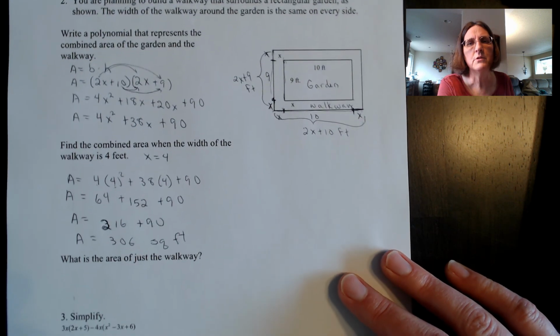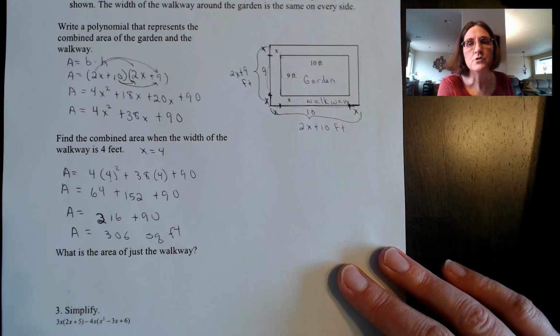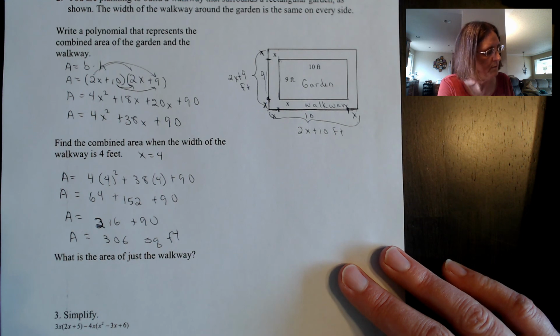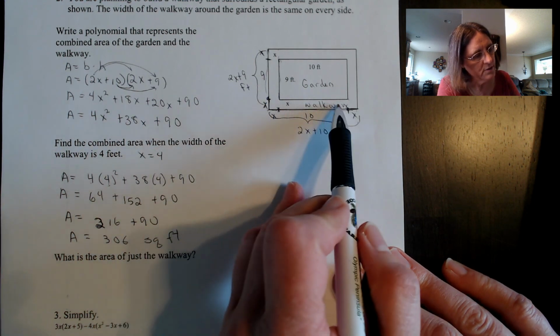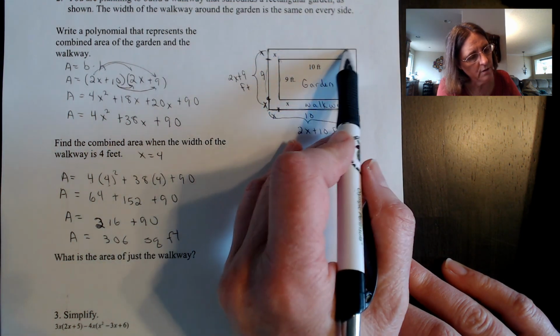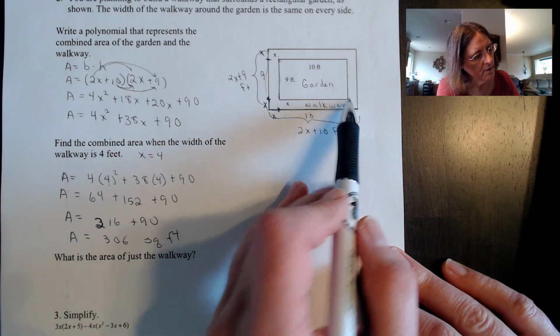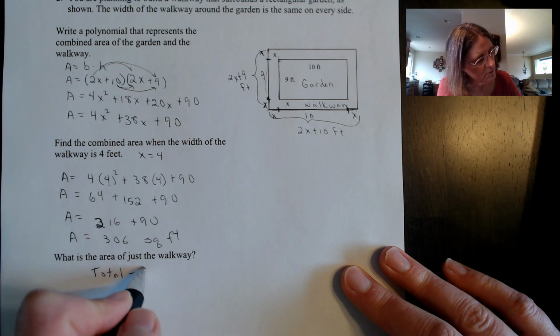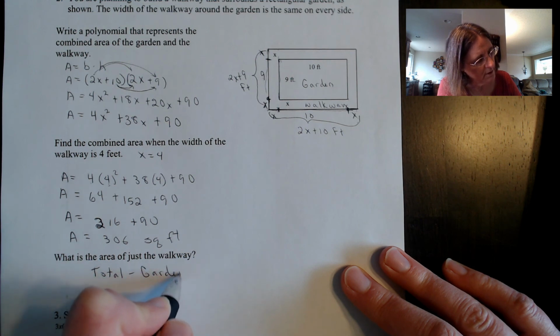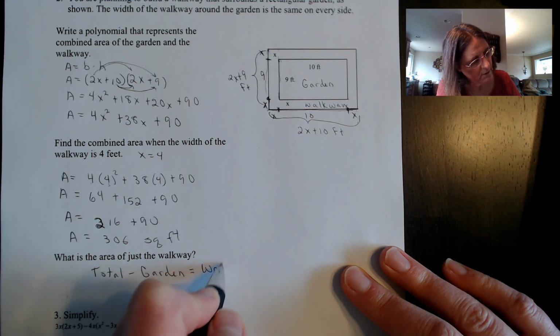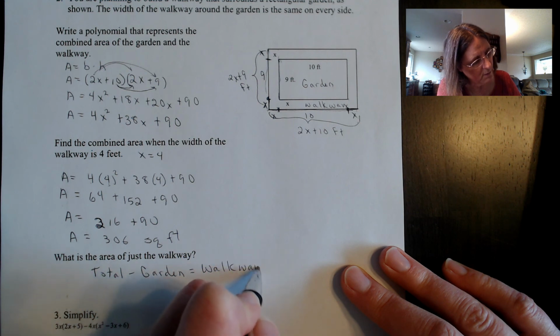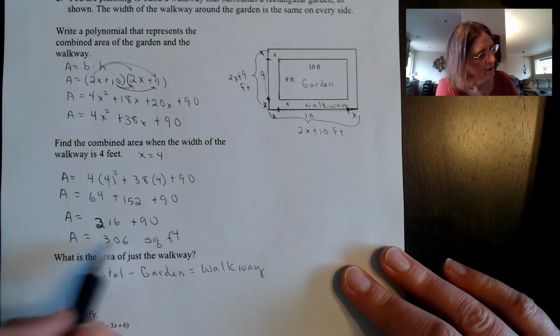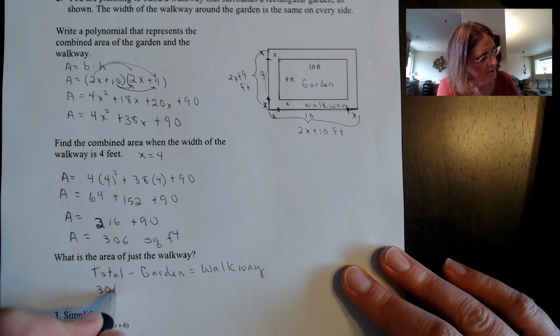Okay, our next question on this is, what is the area of just the walkway? Well, the walkway is just this border around the garden. So if I take the total area and subtract the area of the garden, I'm going to be left with the area of the walkway. I know my total area is 306 square feet.